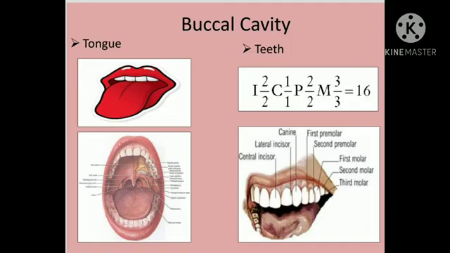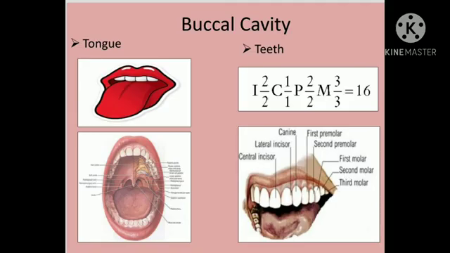Because of this arrangement of teeth in sockets with the help of gomphosis joints, it is called thecodont dentition.